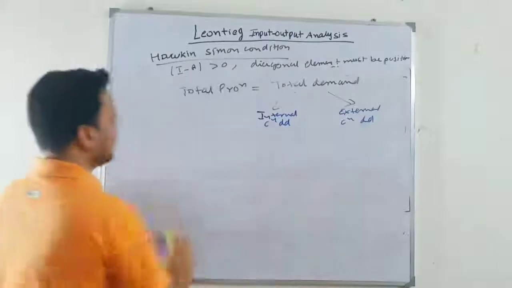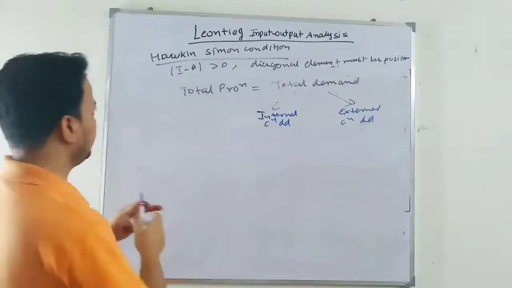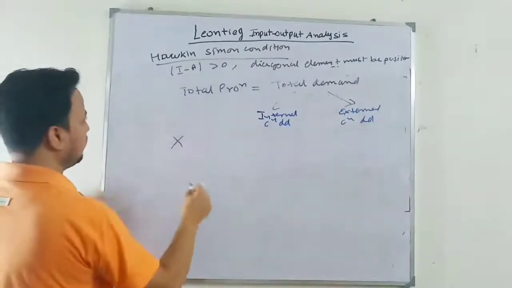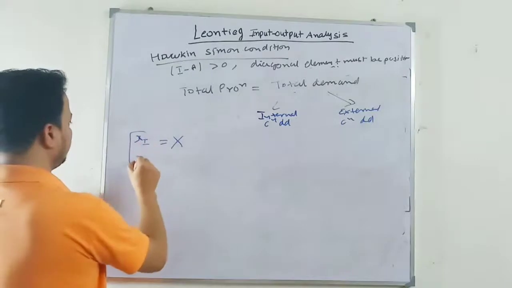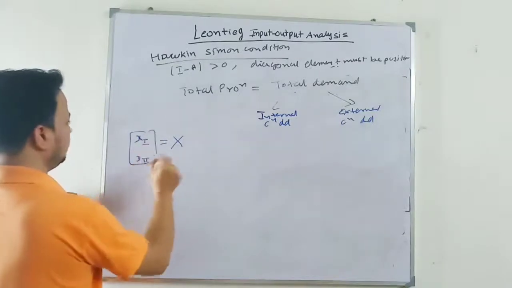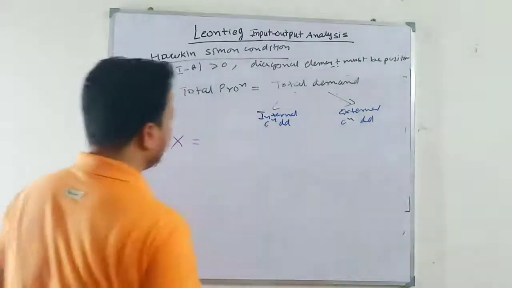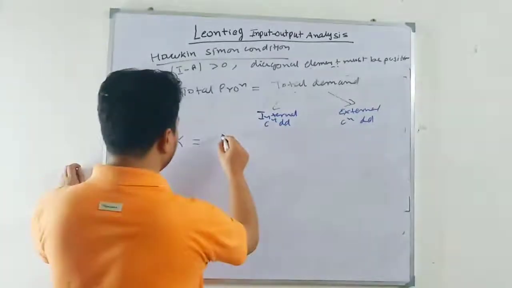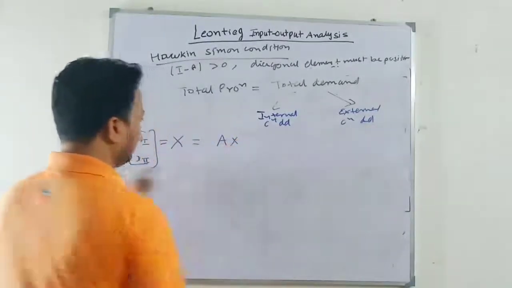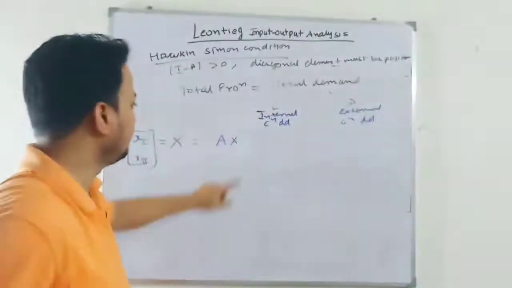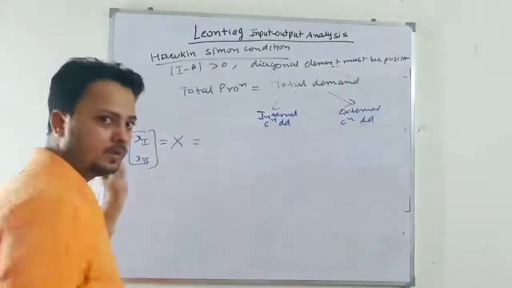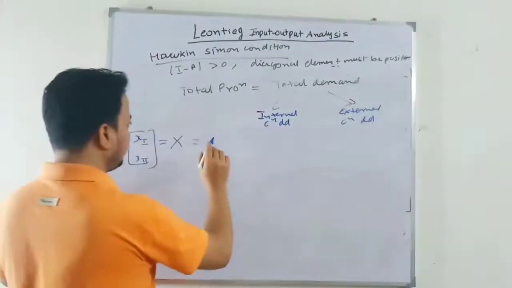So from the logic that I have provided, this is your X, total production. This is nothing but your 2 row 1 column matrix, X1, X2. And your internal demand we write as AX. A is a 2 by 2 matrix, X is a 2 by 1 matrix. Check the video, in the same video I have done it.